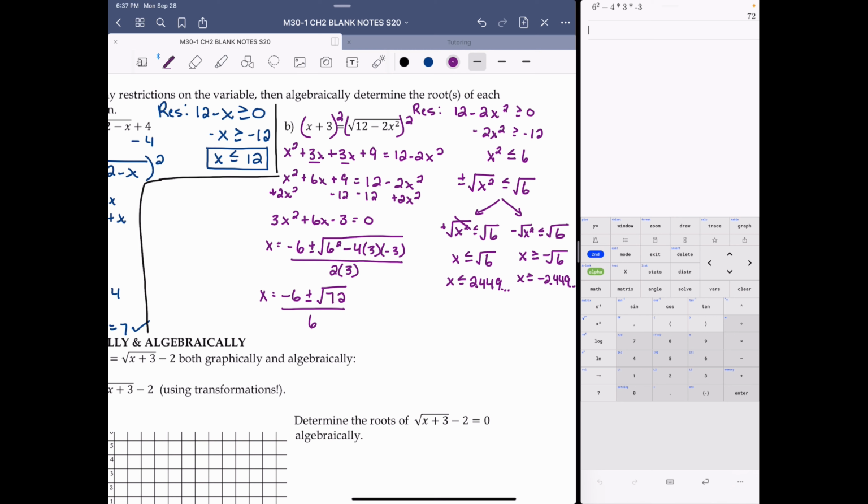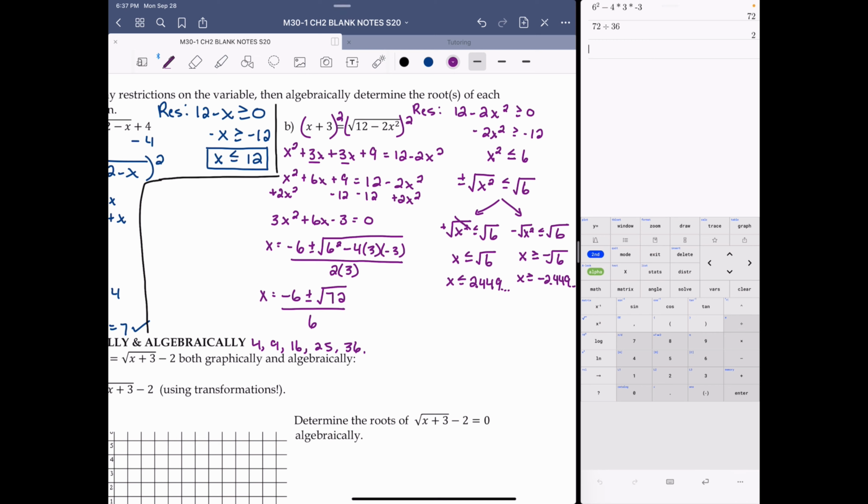Can we simplify this radical at all? Square root of 72. So perfect square numbers are 4, 9, 16, 25, 36, etc. Can we divide 72 by any of those numbers? Well, 72 divided by 36 is 2.